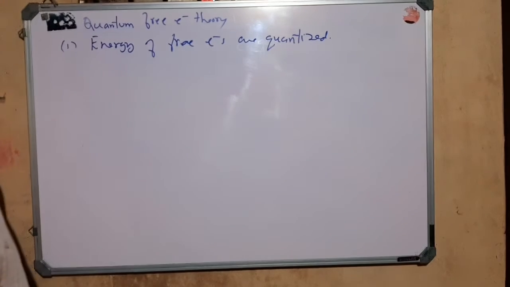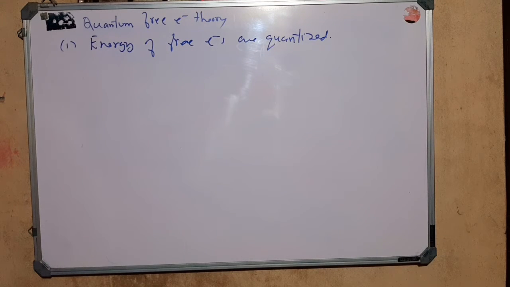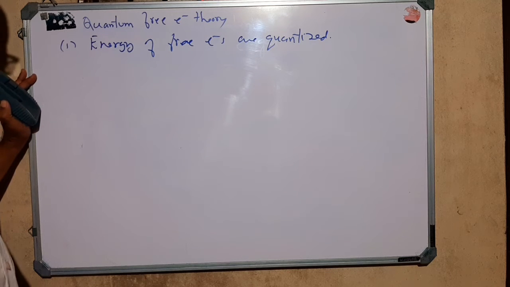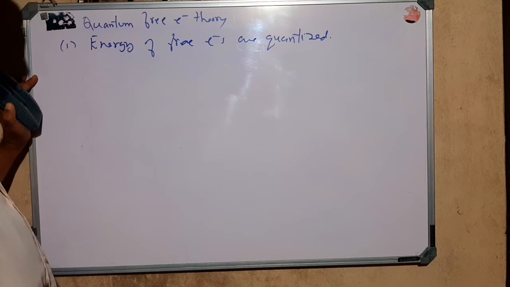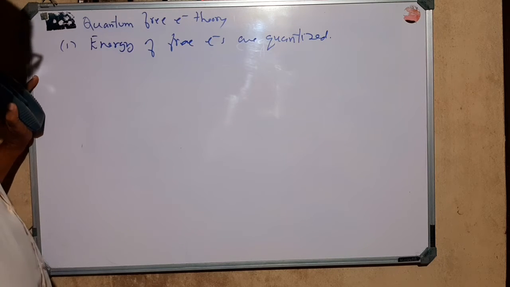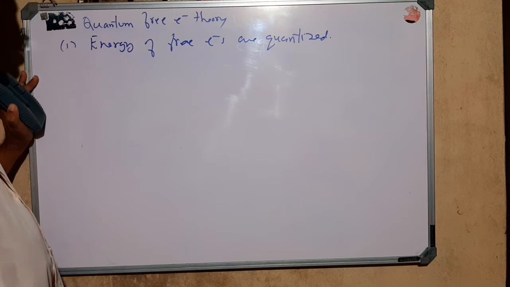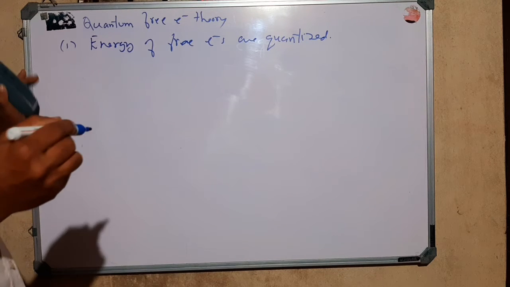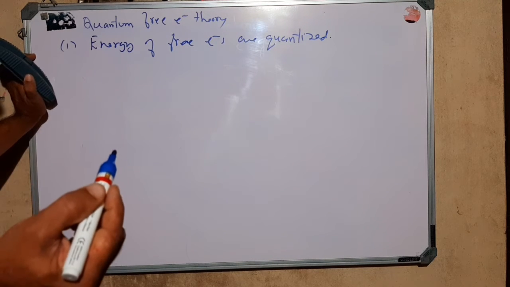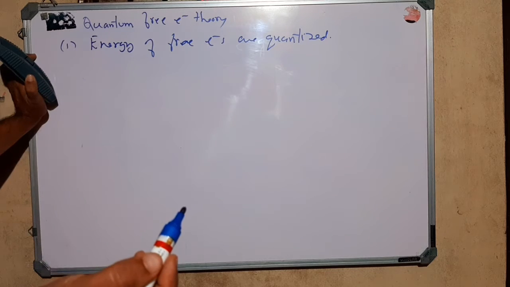That means what? According to classical free electron theory, all free electrons have the same energy at a given temperature T, that is equal to 3/2 kT. But here, at a given temperature, the energy of different electrons is different and it is quantized.